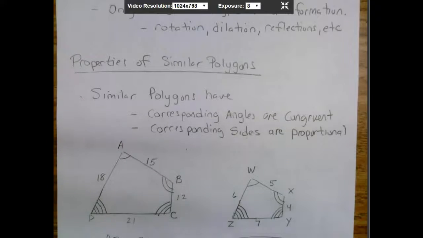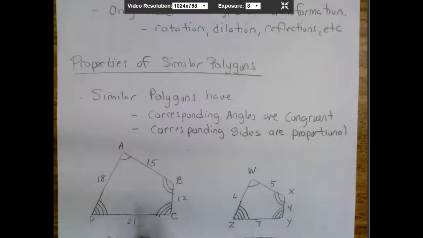Whatever the proportion is between AB and WX should be the same proportion between BC and XY. And we see 15 divided by 5 is 3, and then 12 divided by 4 is 3. Then 21 divided by 7 is 3, and 18 divided by 6 is 3.